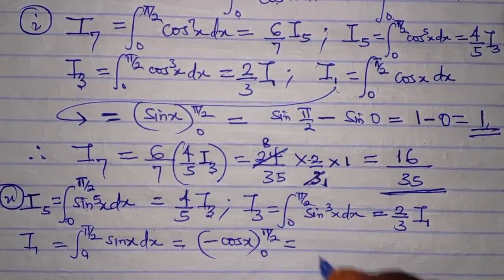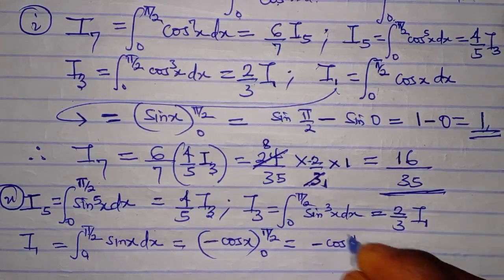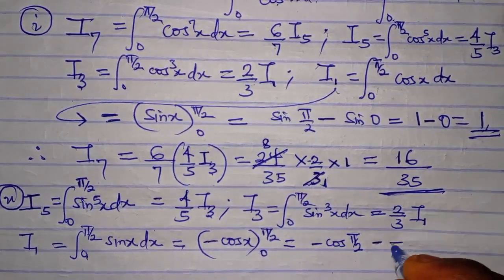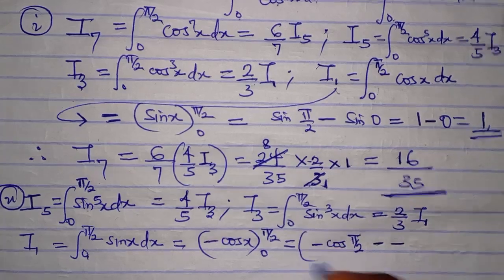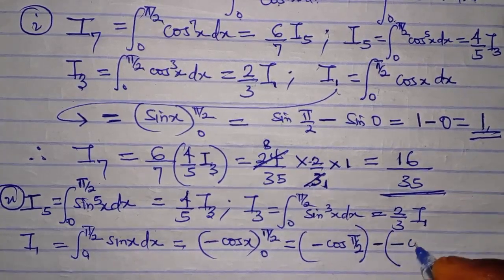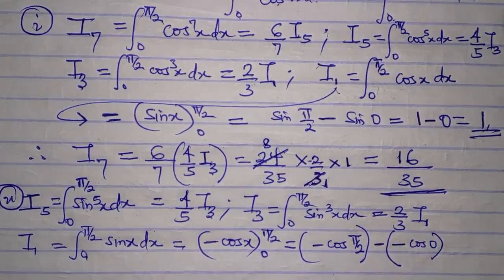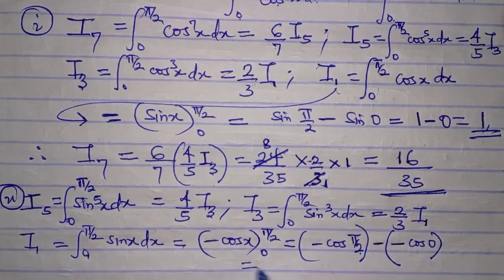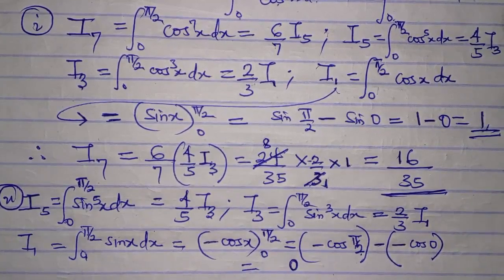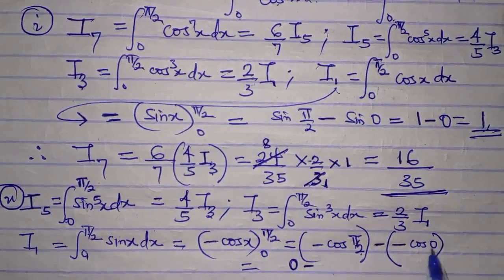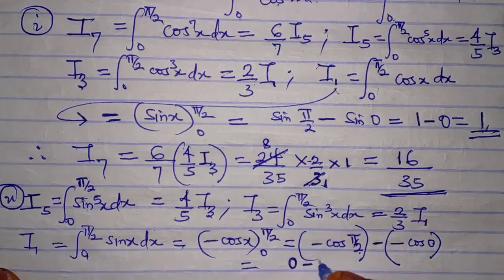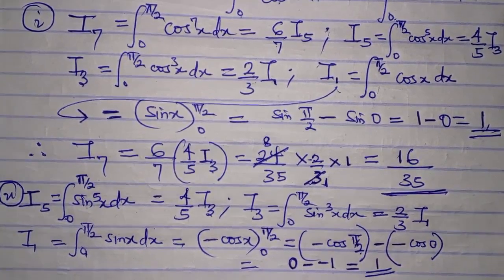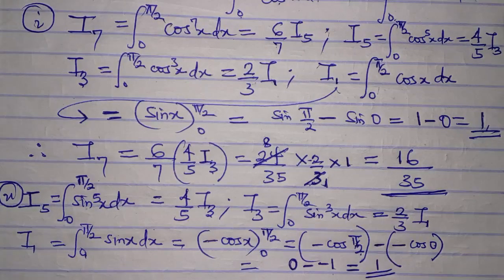Plug in pi over 2 first: minus cos pi over 2, minus, plug in 0, minus cos 0. Cos 90, which is pi over 2, is 0. So what we have here is 0, minus cos 0, which is 1. This gives positive 1. That means I1 is equal to 1.